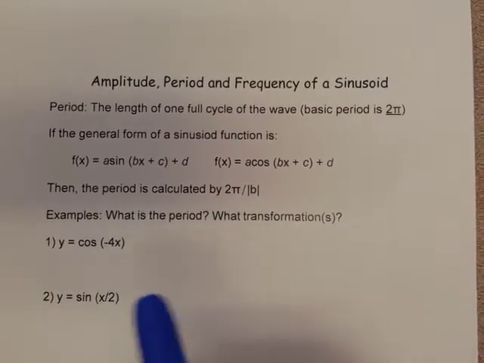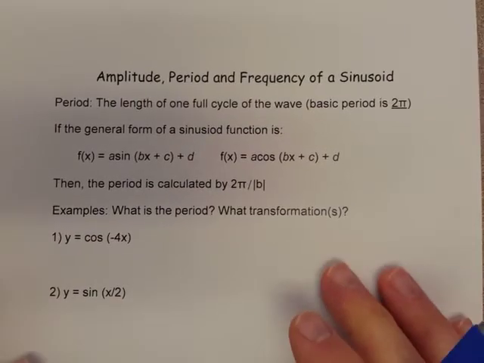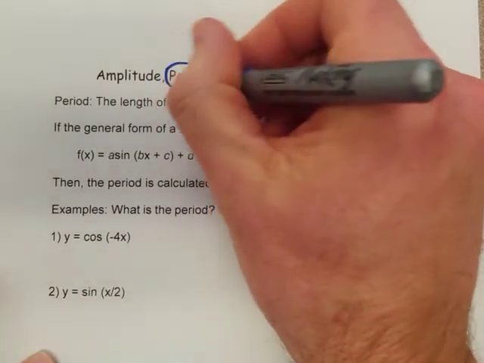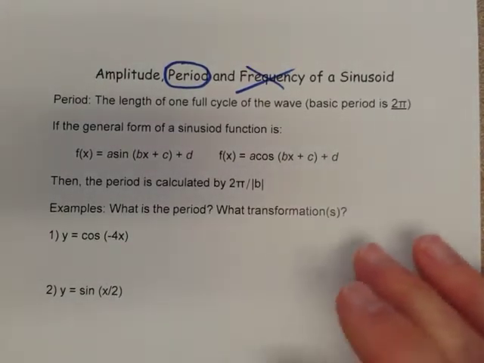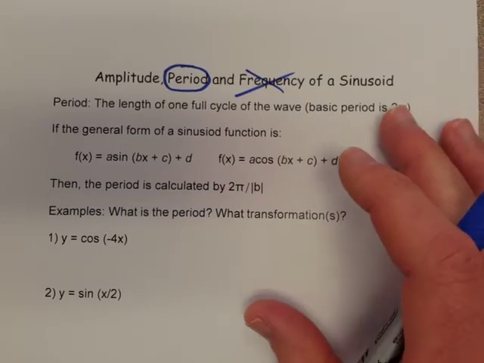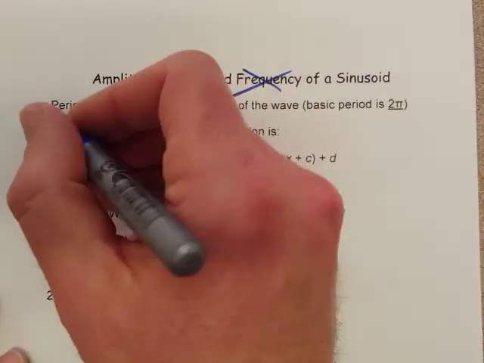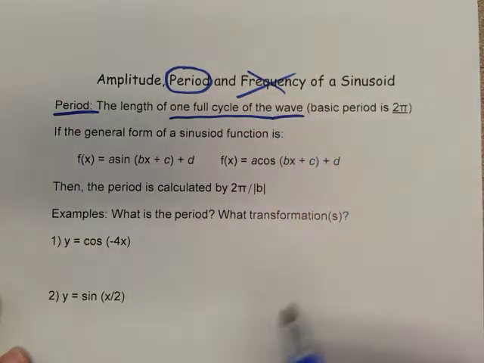In the last example in 4.4 day 1 we were talking about amplitude. Now we will focus on period for this example, and again we're not really going to look at frequency in this section. That'll be more for next unit. Period, as we briefly talked about, is the length of one full cycle of the graph or the wave.